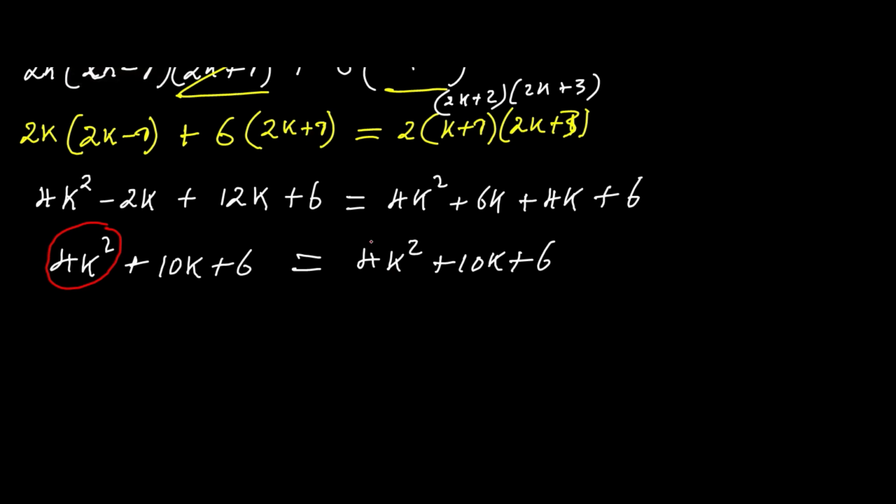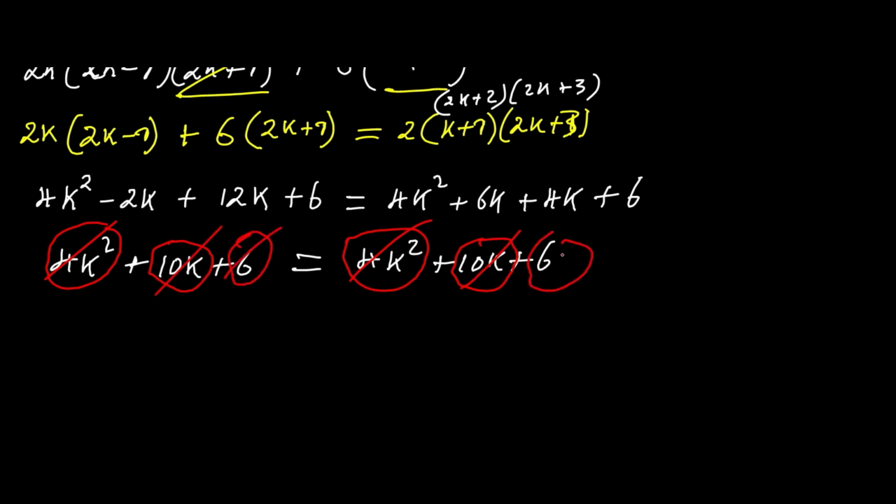We also have 10k equal to 10k here, so we can cancel that out, and 6 equal to 6. We can equally cancel it, meaning that 0 is equal to 0, which is true. So once we have this, we have shown that the above hypothesis is true. Therefore our conclusion will be that it's true for all n.